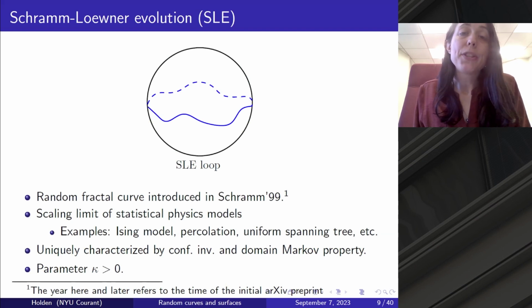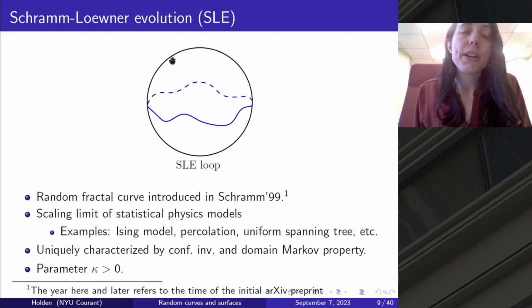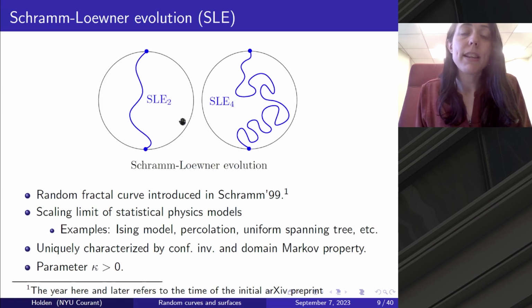So there are many different variants of SLE. Here we consider what we call a chordal SLE. This is a variant of SLE defined in some simply connected domain, connecting two marked boundary points. Whereas we can also consider other variants of SLE, such as, for example, the SLE loop that I have drawn here. This is a variant of SLE which has the same local properties as the chordal SLE, which is shown here.